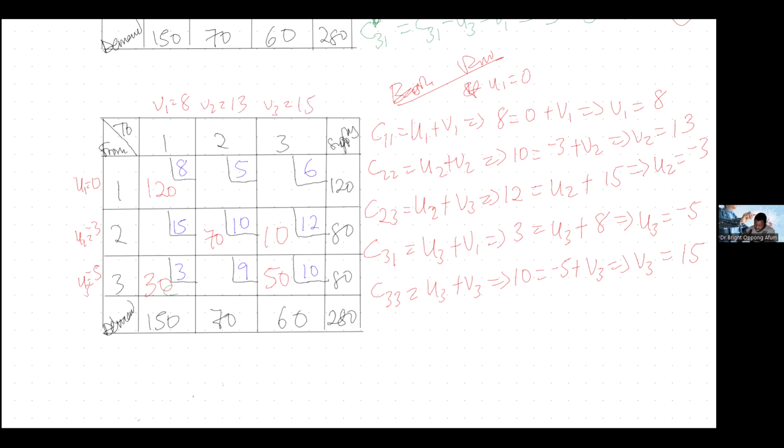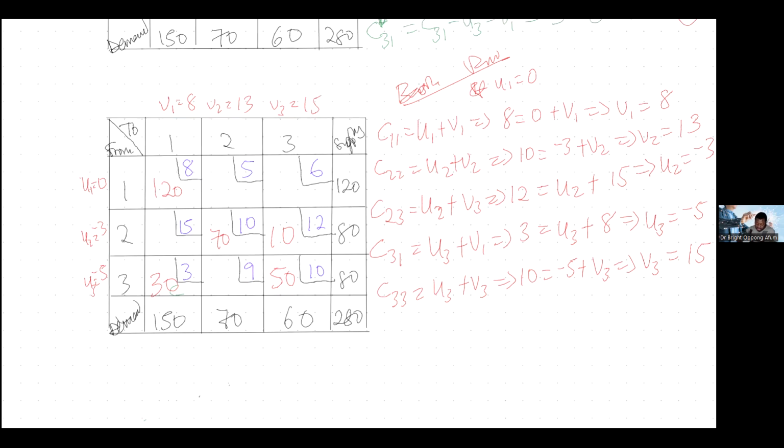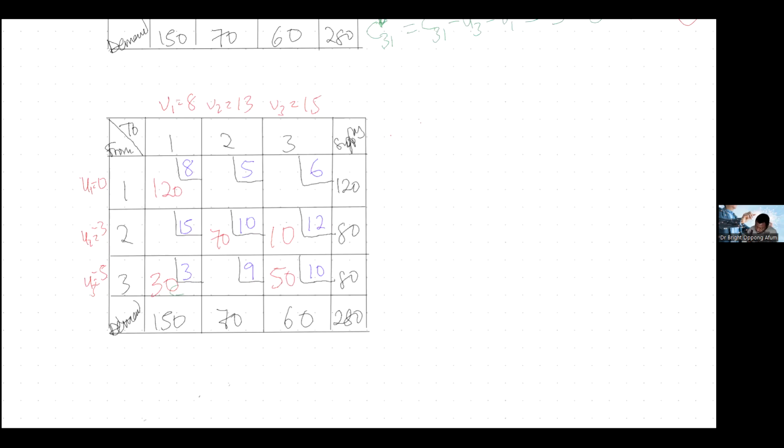All right, so now after obtaining this, we have to evaluate our non-basic variables. Let me clean this so that we can do the evaluation here. Non-basic variables, which are the empty cells, right? Good. So for us to evaluate the non-basic variables, to check for optimality, the first one is the net change here, which is C12.